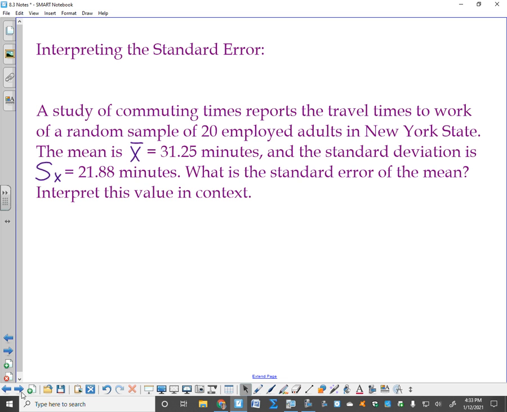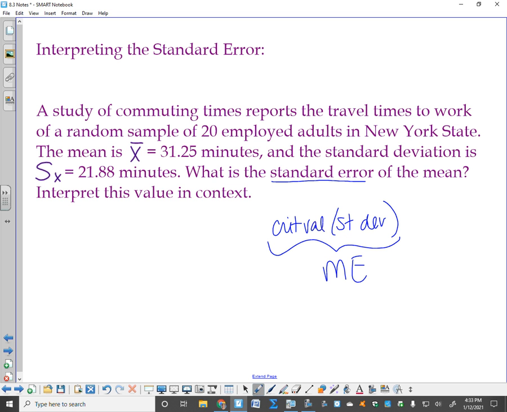The standard error, now standard error is different than margin of error. Margin of error is the critical value times the standard deviation of the statistic. That is your margin of error. But the standard error is the same thing as the standard deviation. So my standard error of my statistic is my standard deviation.